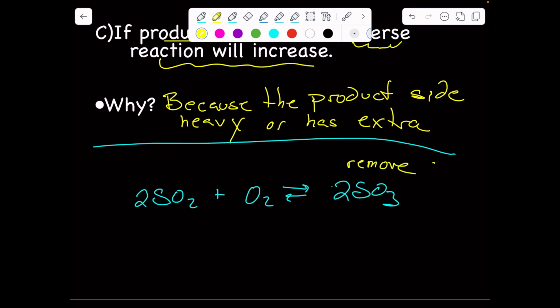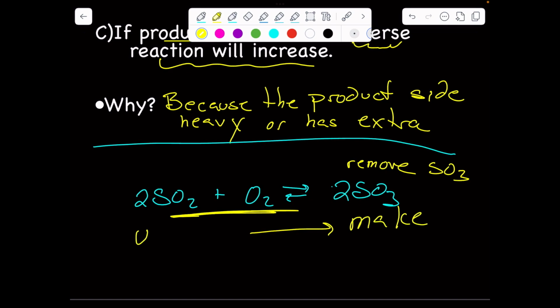if I remove SO3, think about it. Which side's heavier now? Well, I removed SO3, I removed some product, which makes the reactant side heavy, right? So that means we're going to go forward. We're going to go away from the heavy side. We're going to be making SO3, and using SO2 and O2 to do so.